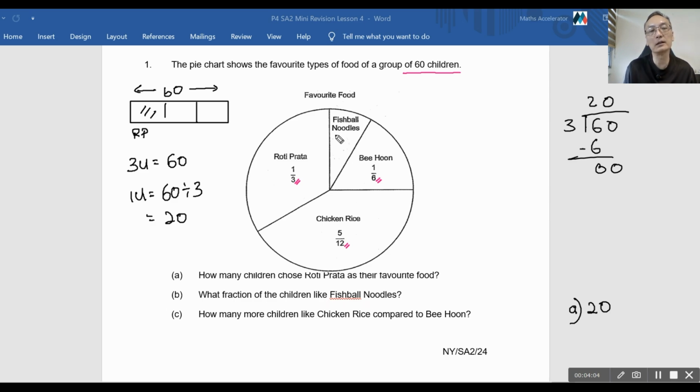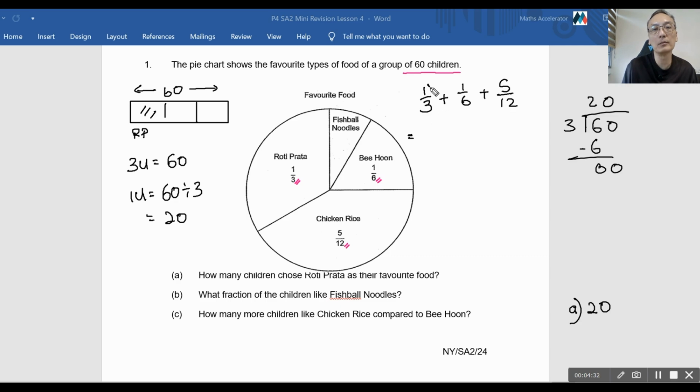Next, what fraction of the children like fishball noodle? In order to find the fraction that likes fishball noodle, we have to sum up these 3 fractions together. In order to add these 3 fractions, we have to change all the 3 fractions to the common denominator, and it will be 12.